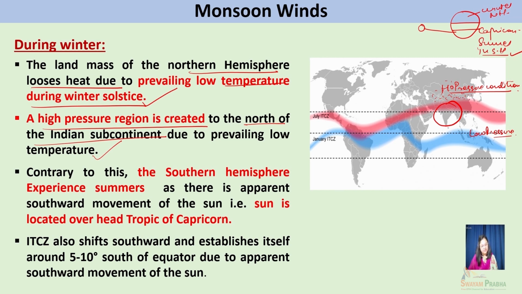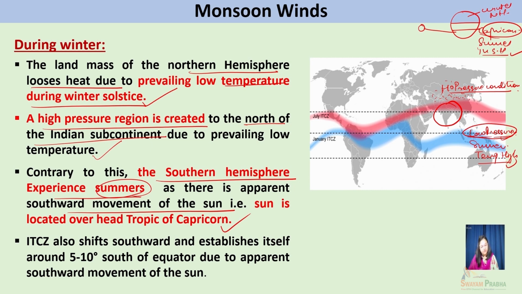Contrary to this, the southern hemisphere experiences summer season. So if you have summers in the southern hemisphere, definitely the temperature will be high, which will lead to low pressure conditions in the southern hemisphere. So with the apparent southward movement of the sun, when the sun is located over the Tropic of Capricorn, you have summers in the southern hemisphere.